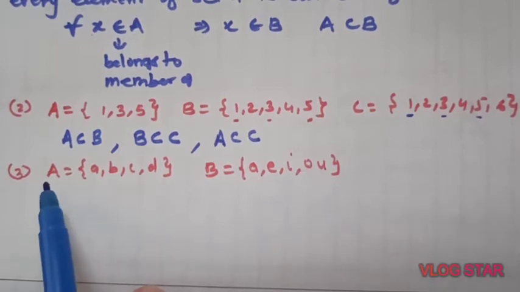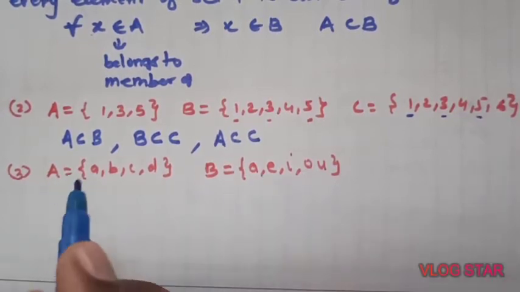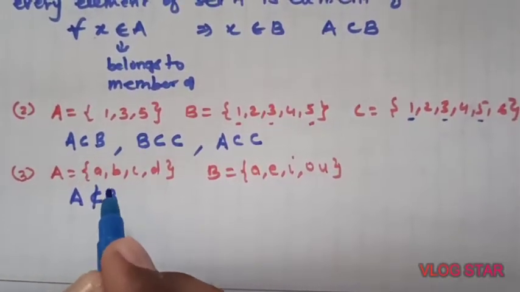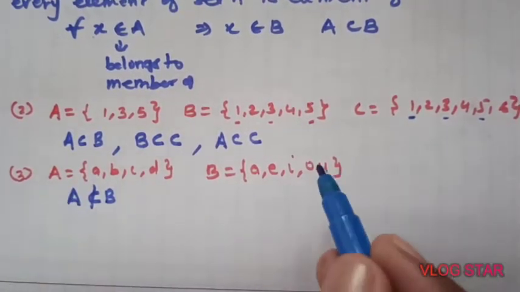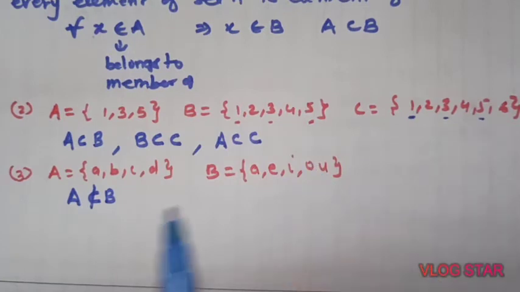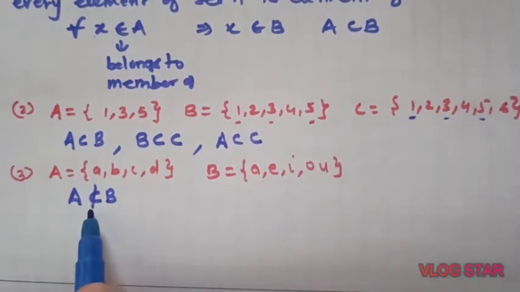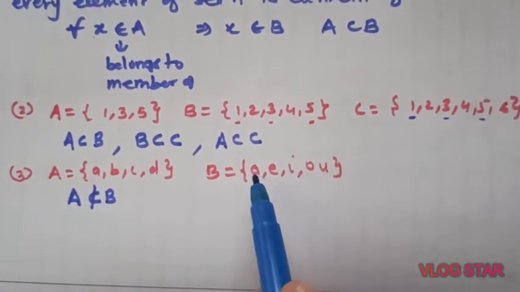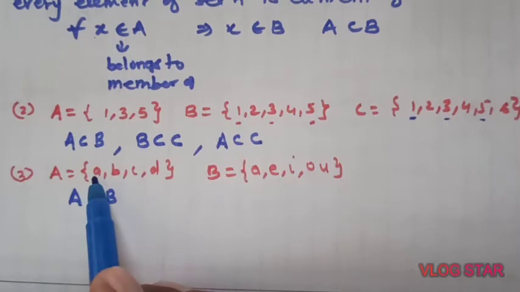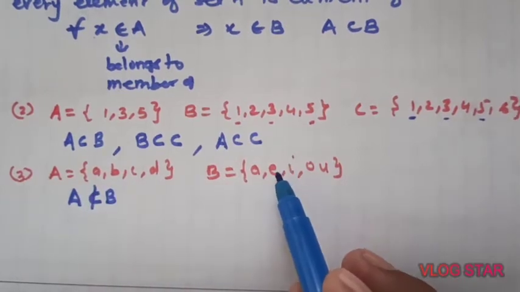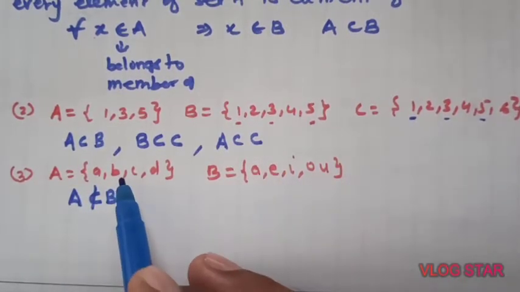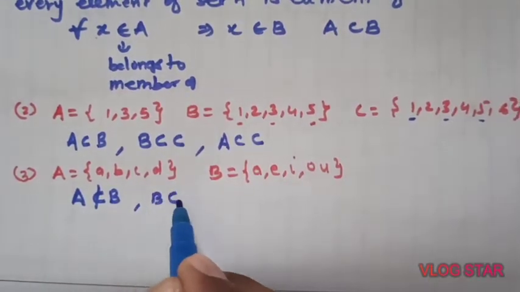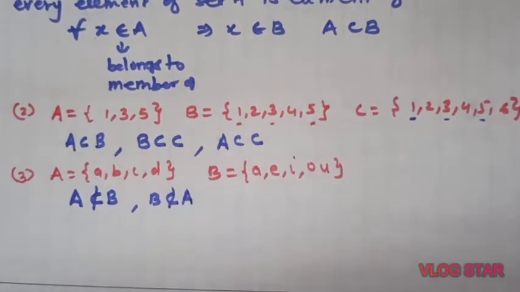So I cannot say that A is a subset of B. So A is not a subset of B. Even if one member of one set is not a member of another set, then it is not a subset. This is the notation for not a subset. Whether B is a subset of A: here in this set also a, but e is not a member of set A, so that's why B is not a subset of A.